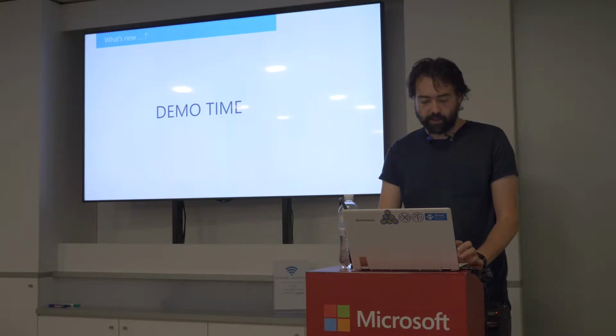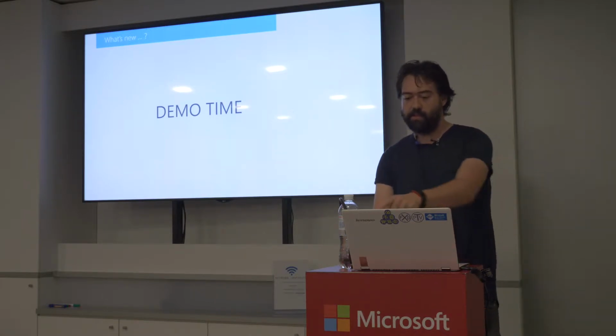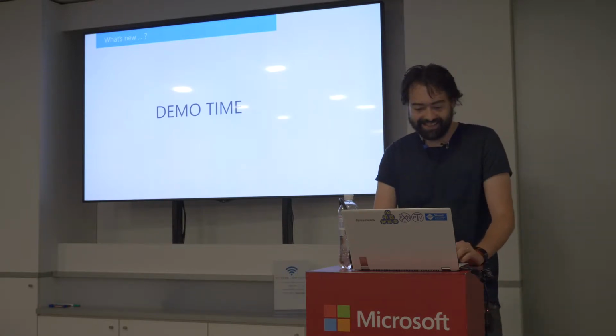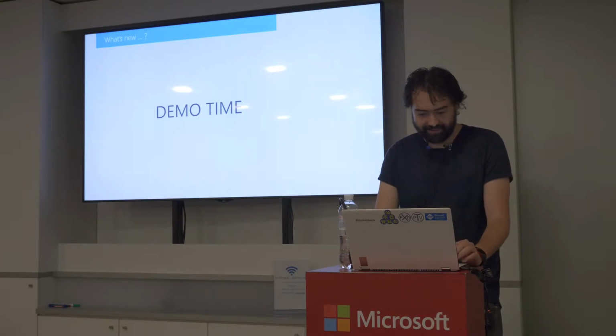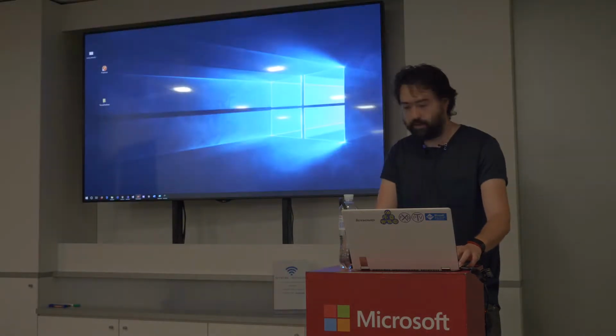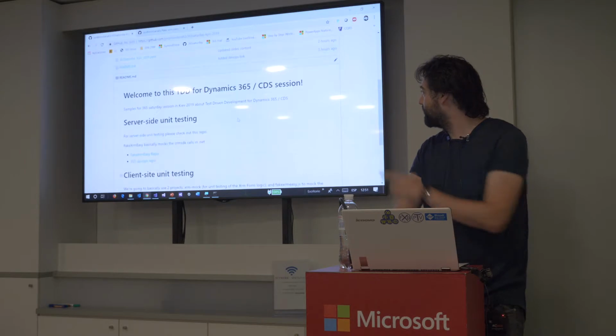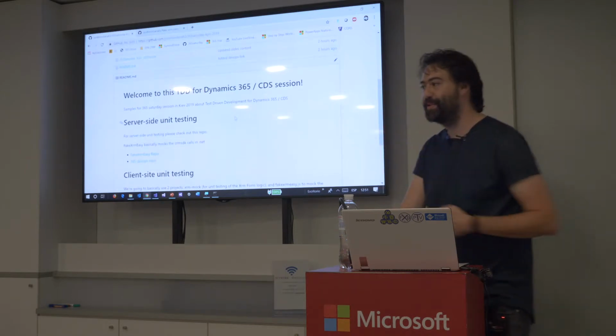Okay, so this project I'm showing right here is the slides. Sorry, it always happens. I need to switch. There we go. That was the one I was trying to show you earlier.